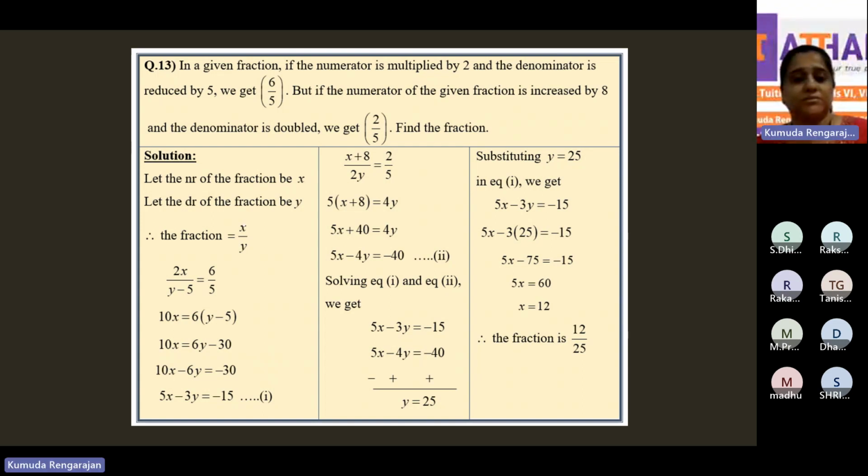Yeah, online students. So let the numerator be x, the denominator y, the fraction is x by y.